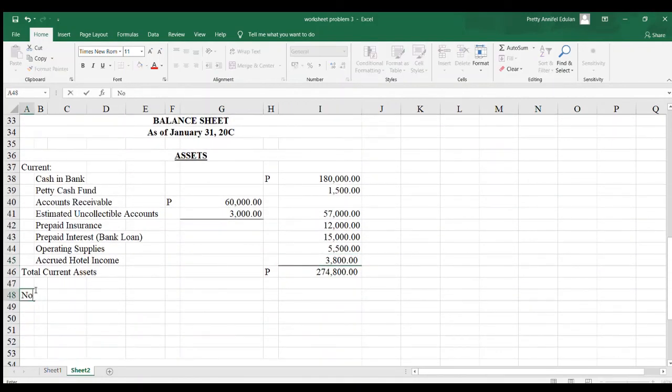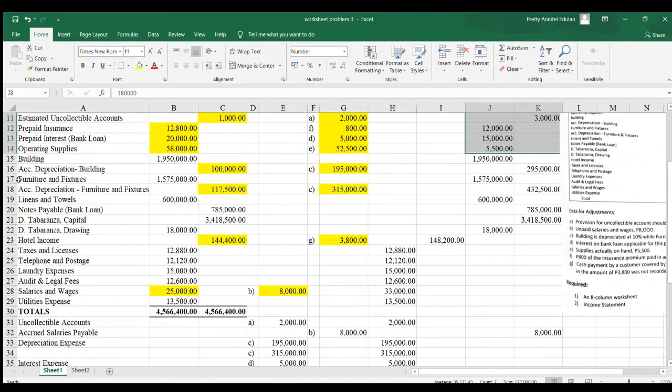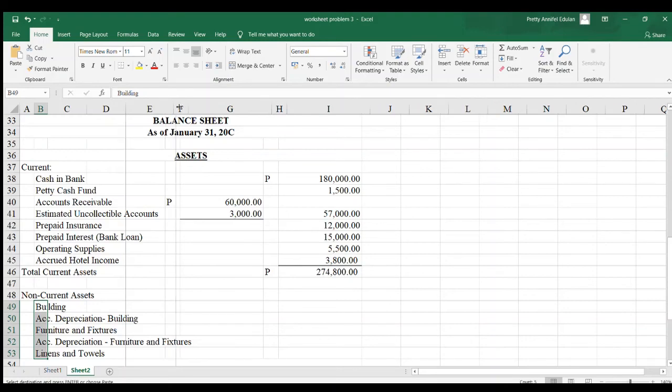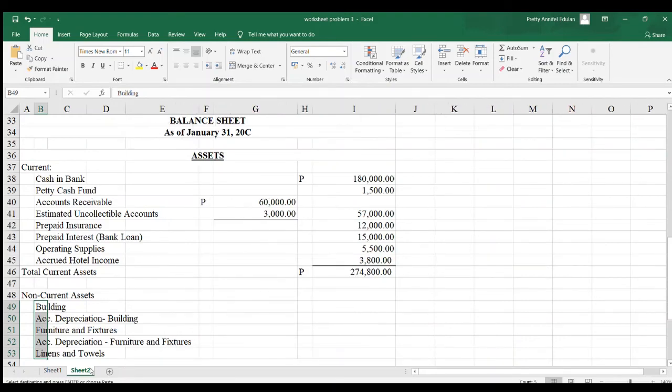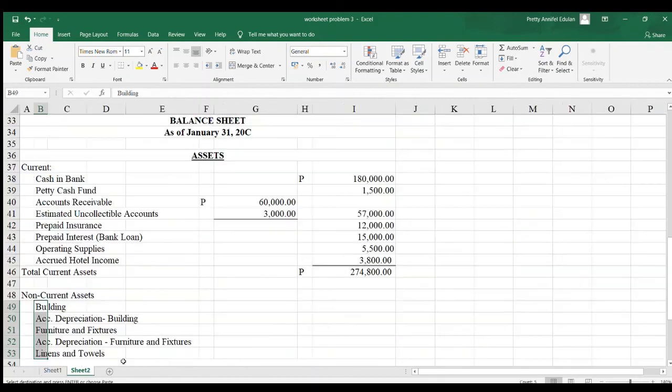Next is non-current assets. As you can see, we have two non-current assets with their accumulated depreciation. No, we have three, but only two have depreciation expense. So this is how you present it. 1,950, then we have 295.